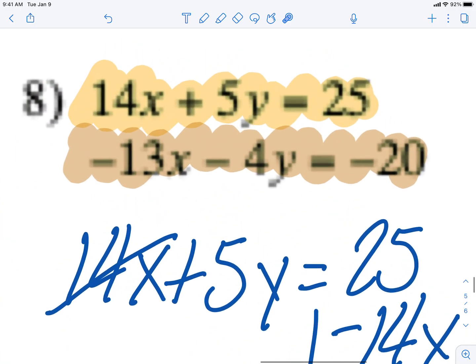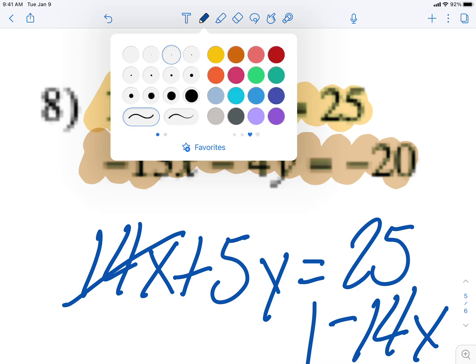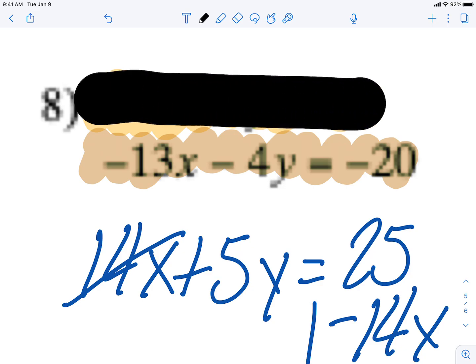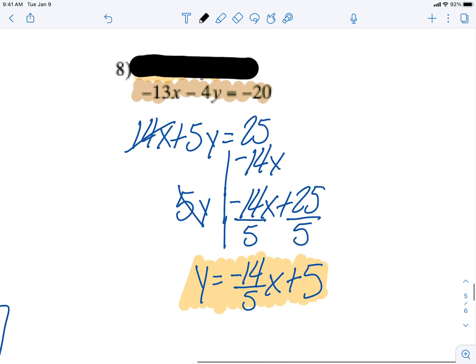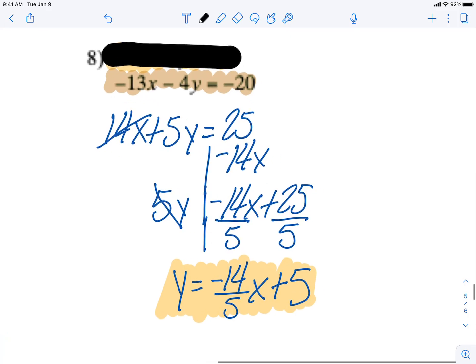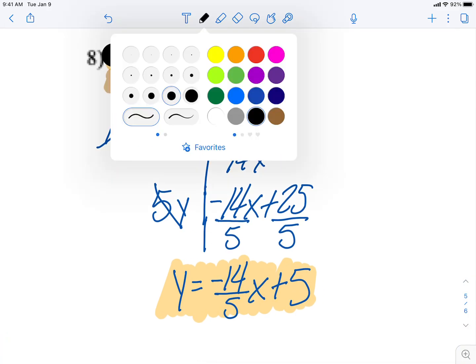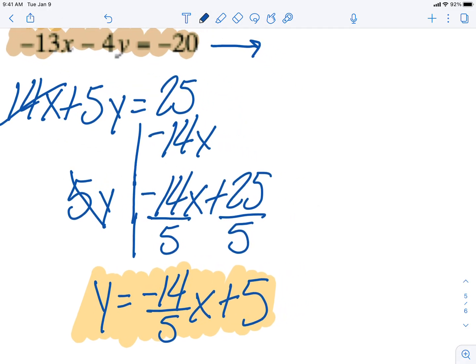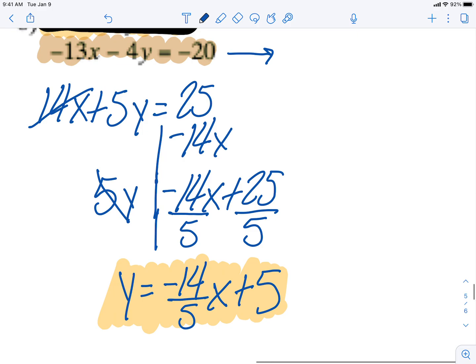So this I no longer need. This orange here I no longer need. So I'm going to cross that puppy out. So I have my two equations now. So what I'm going to do is copy over my brown equation, right? And I'm going to say negative, oh, sorry, I need more room over here.